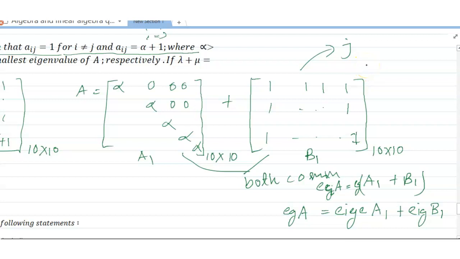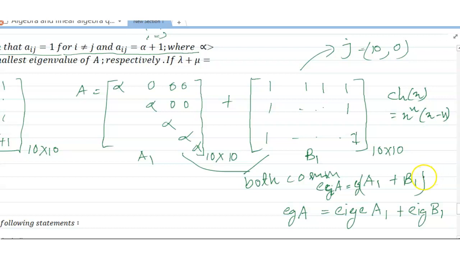In the case of the J matrix, the property is that the eigenvalue is n, which means 10, and the other eigenvalue is 0. The characteristic equation of the J matrix is x to the power n minus 1 into x minus n. This is the characteristic equation, friends.